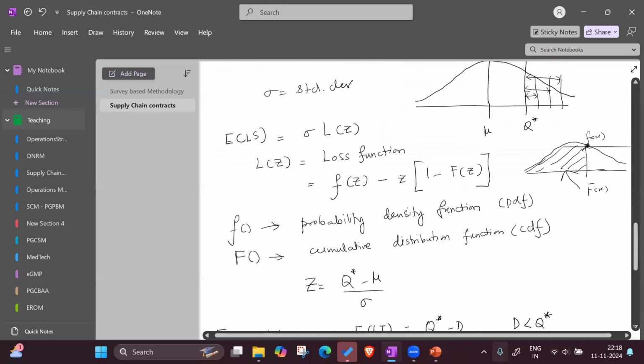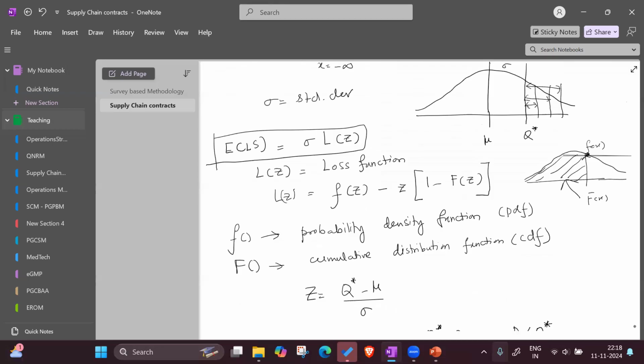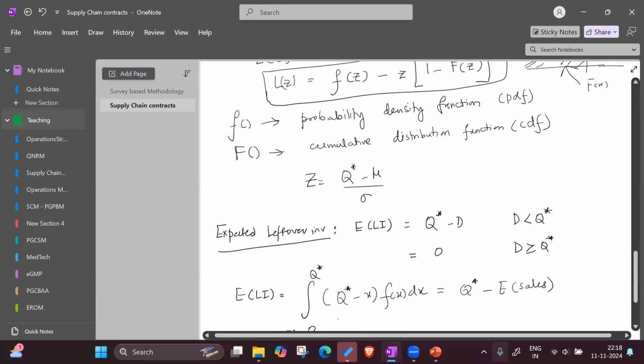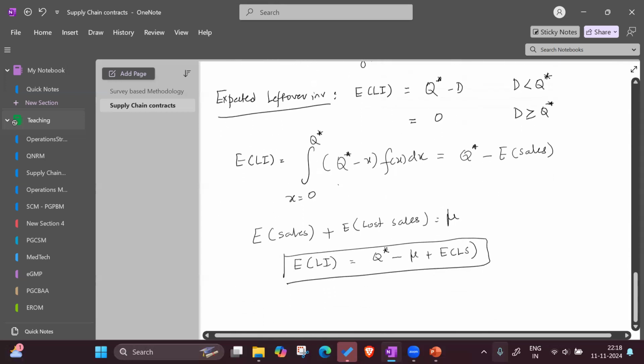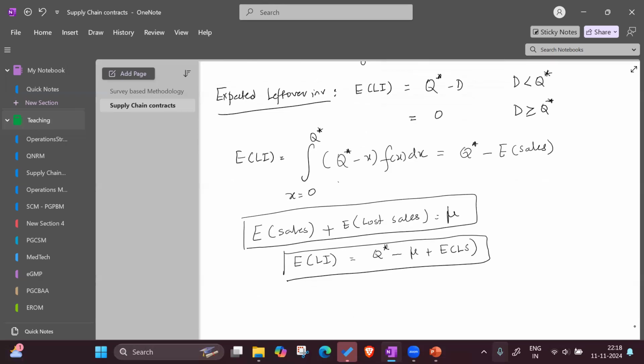Then this is another formula that we have. L of Z is already a formula which we're going to use in all of our equations. So this answers the metrics related to expected sales, expected lost sales, and expected leftover inventory.